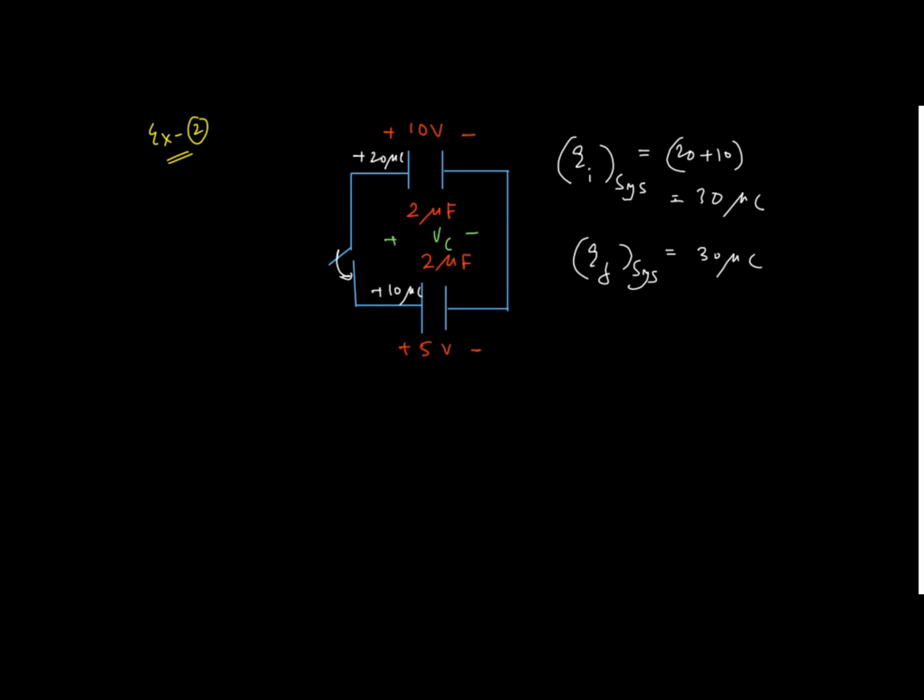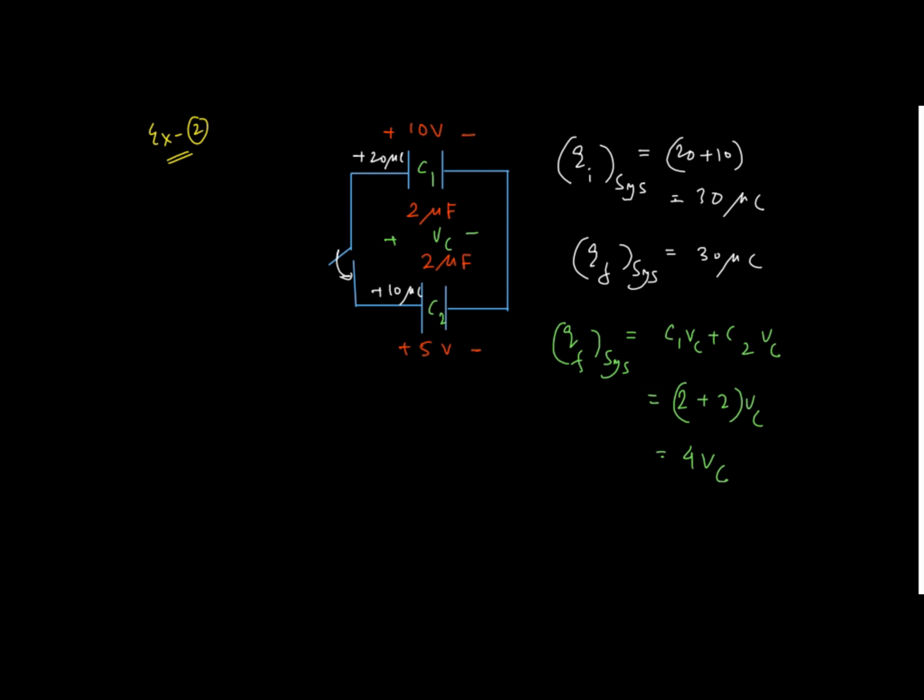So can I write that Q final of the system is equal to, if I take these capacitances to be C1 and C2, C1 into Vc plus C2 into Vc? C1 value is given 2, C2 value is also 2. So 2 plus 2 into Vc, that is 4 Vc.